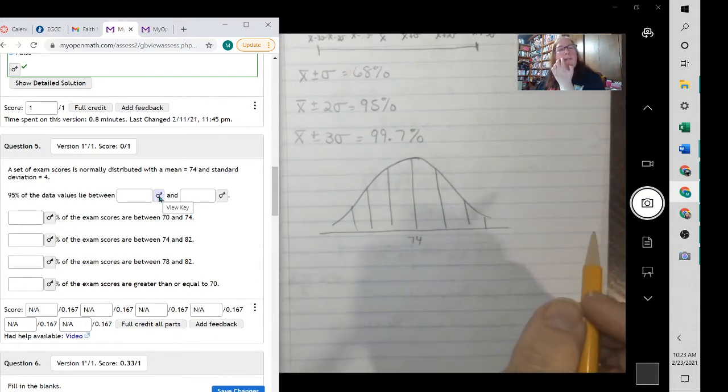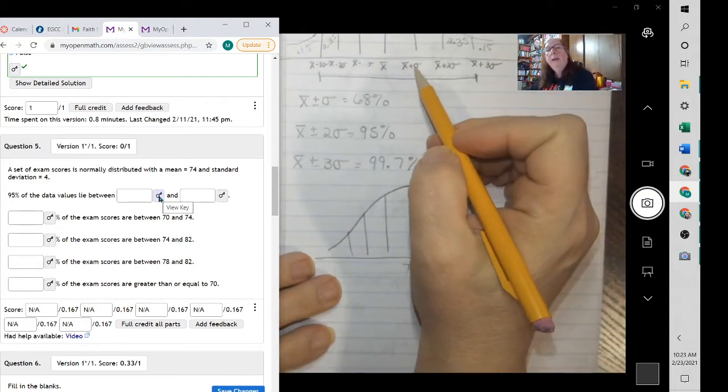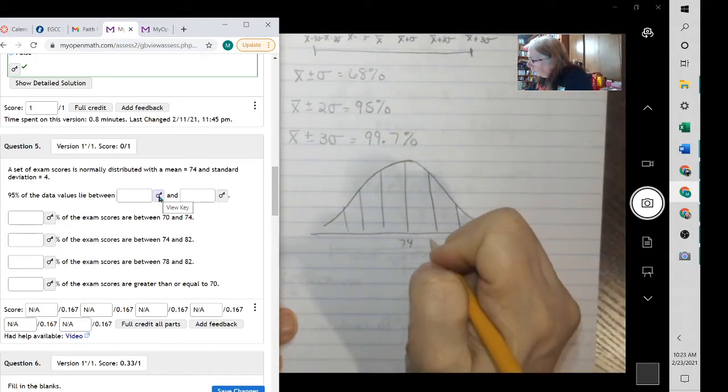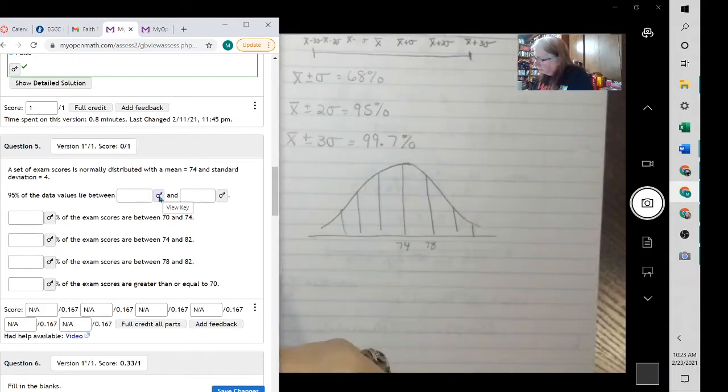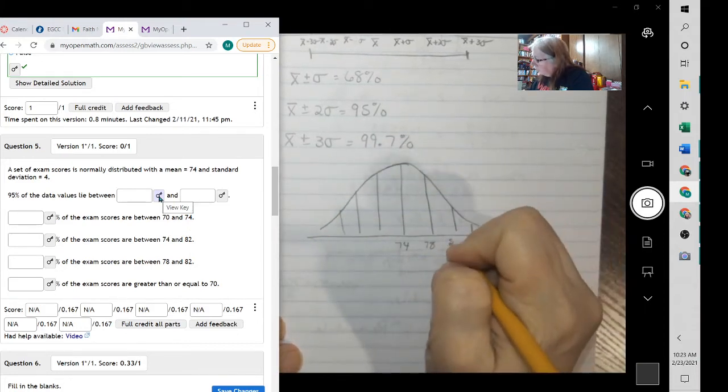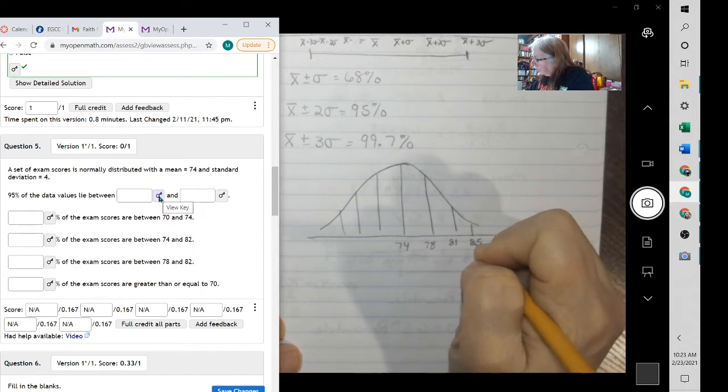The standard deviation was 4, so we're counting by 4s. 74 plus 4 would be 78, adding another 4, 82 and 86.